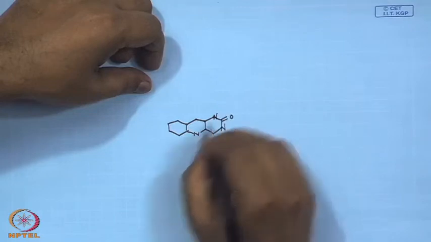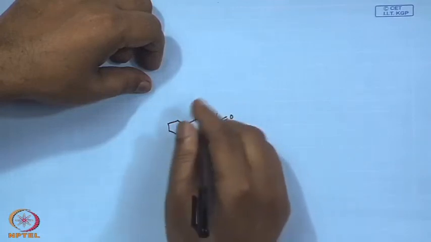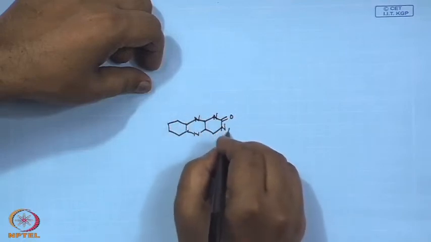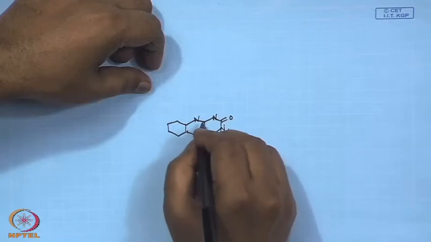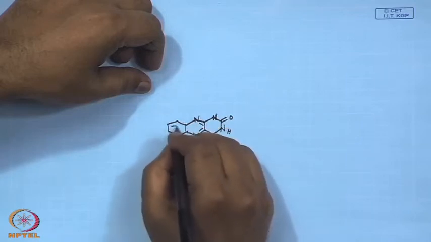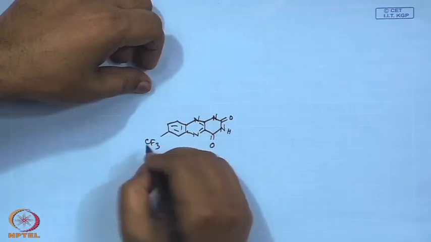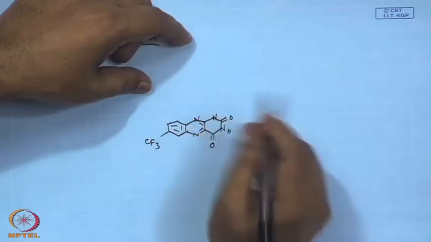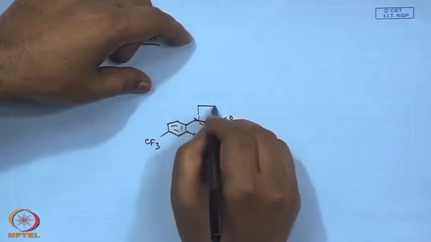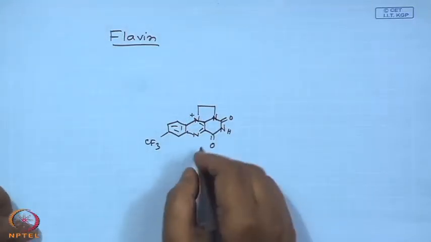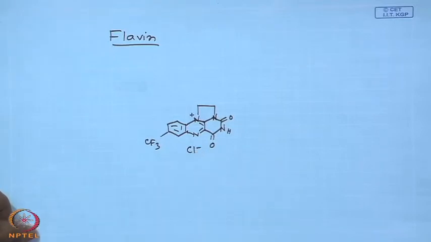Then this portion is basically the pteridine derivative, this NH here, the carbonyl, and then this. I am writing only one specific example because this is pretty useful. So, this is chloride minus.